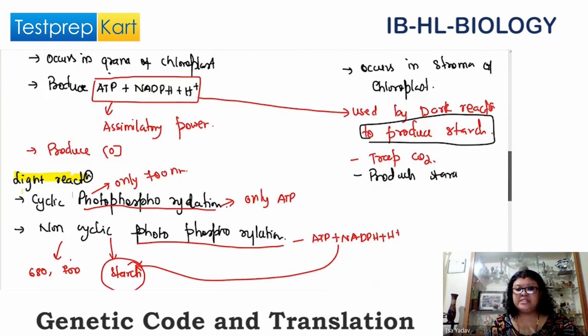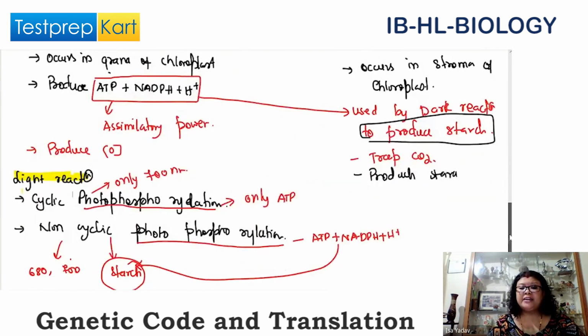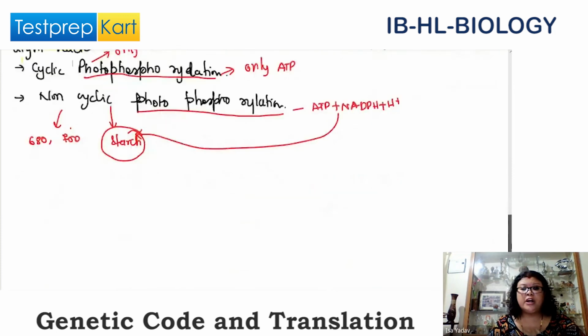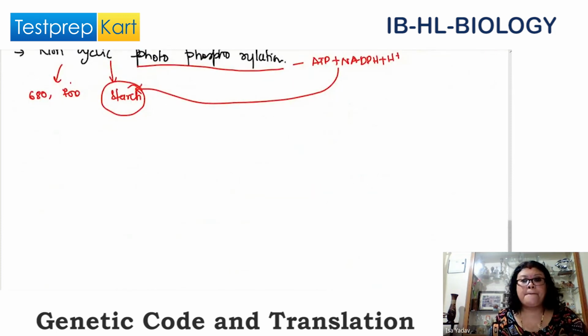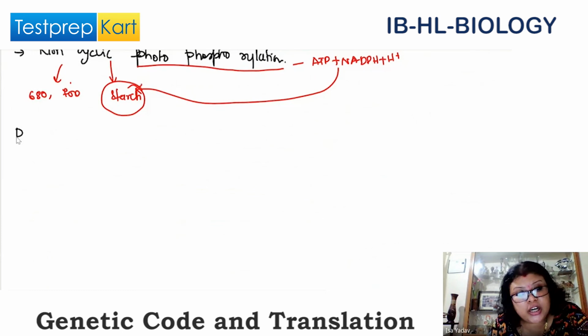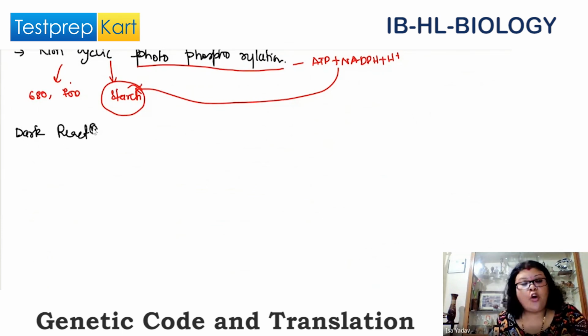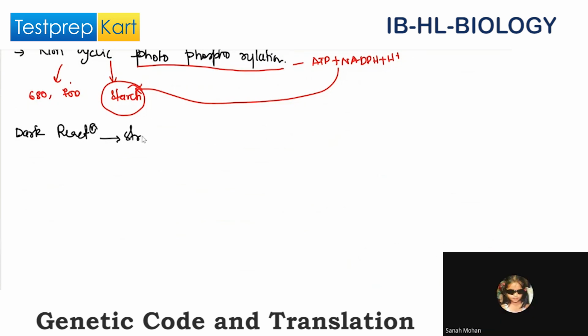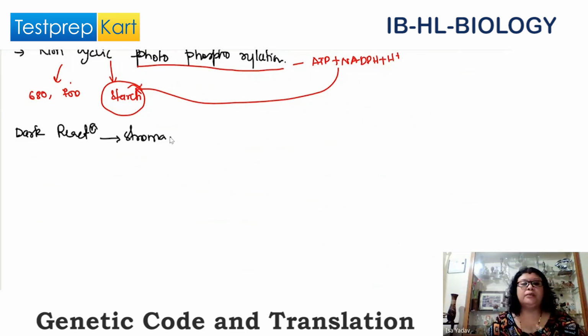Now we'll see dark reaction. Dark reaction, where does it occur? In the stroma. Occurs in the stroma.